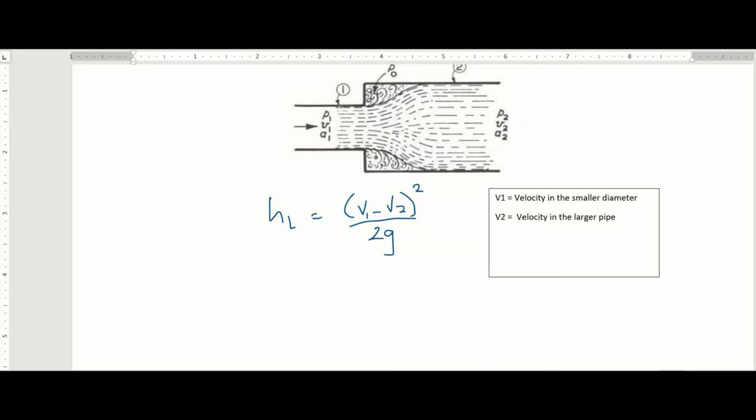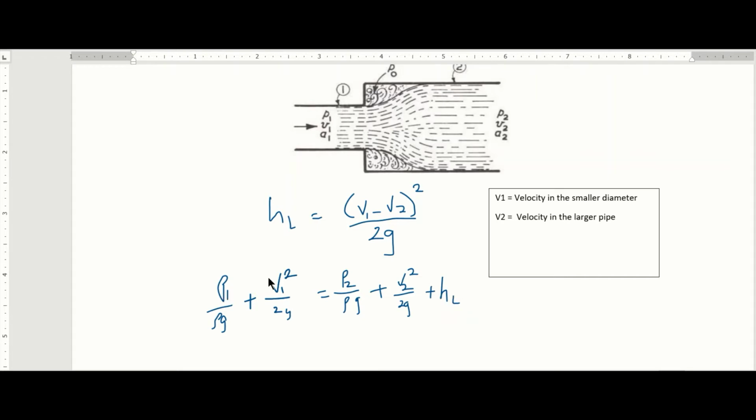So that becomes P1 over rho G plus V1 squared over 2G equal to P2 over rho G plus V2 squared over 2G plus HL.